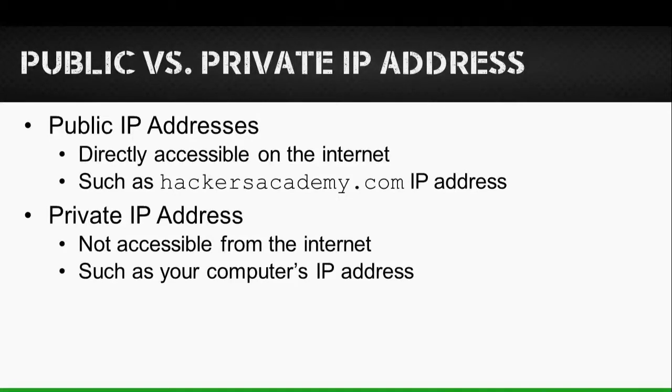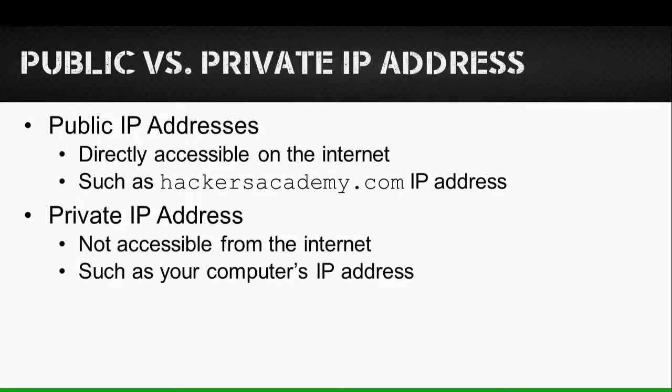So a public IP address is any IP address that is directly accessible on the internet. For example, hackersacademy.com would have a public IP address, such as Google, such as Yahoo, such as Microsoft.com, and so on. A private IP address, on the other hand, is not accessible from the internet.